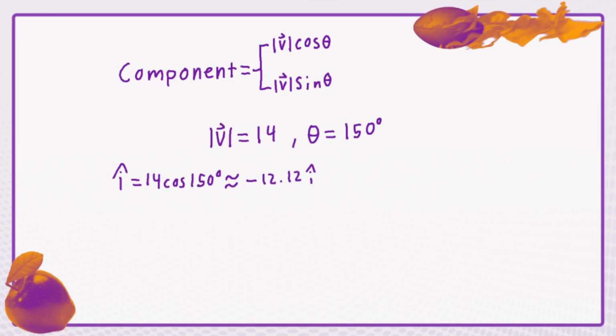Now, let's look for the j component. Here we have the j component is equal to 14 times sine of 150 degrees, which gives us 7j.